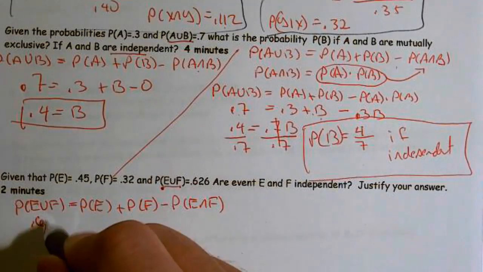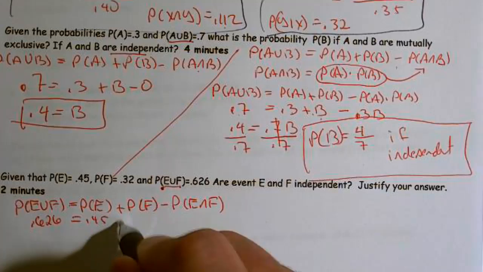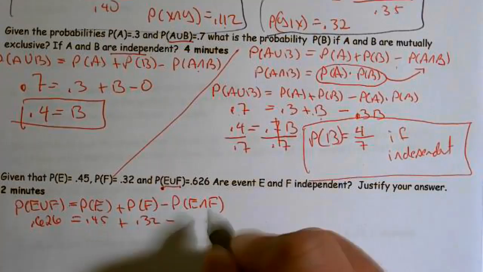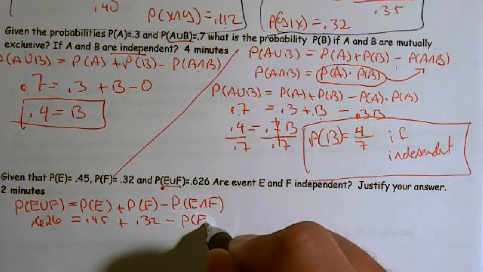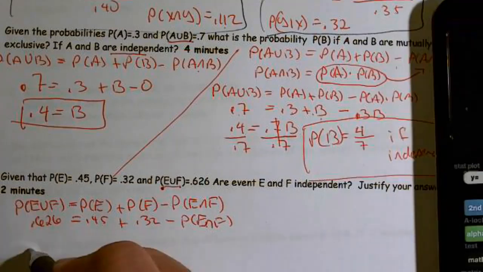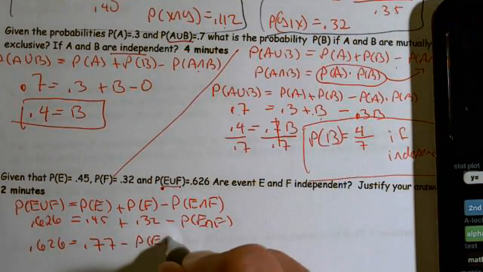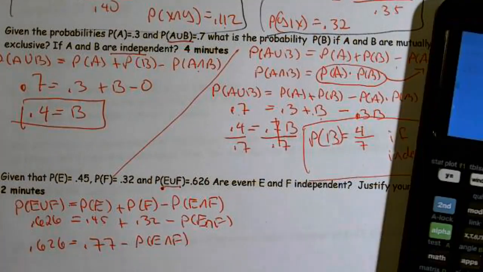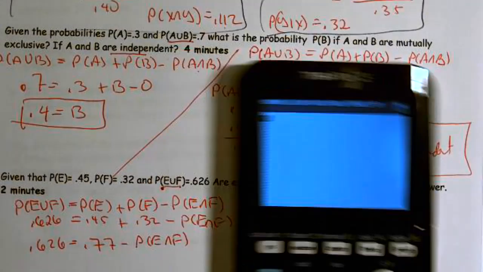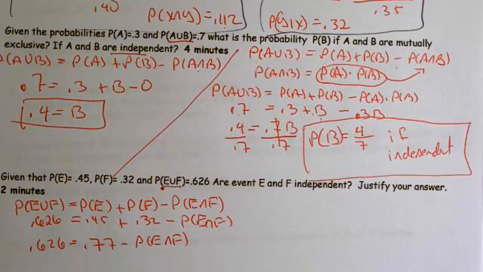And I think for this type of problem, this is very useful. It equals 0.45 plus 0.32 minus probability of E intersect F. And so I end up with 0.626 equals 0.77 minus the probability of E intersect F. And doing some really quick math on a calculator, 0.77 minus 0.626, I end up getting 0.144.